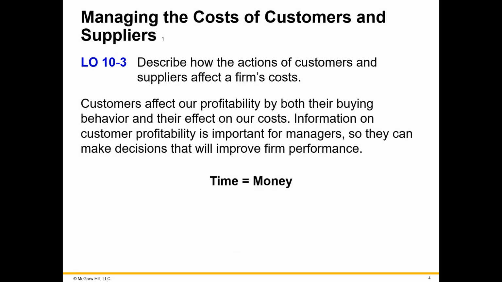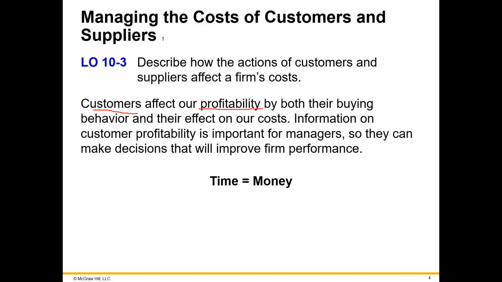This information can be essential to determine whether or not certain customers are profitable. When we use just one allocation rate for overhead, often two different customers might seem like they are both equally profitable to the company, but when you dive deeper, one customer might actually be costing the company a lot of money, and the other customer might be even more profitable to the company than originally thought.